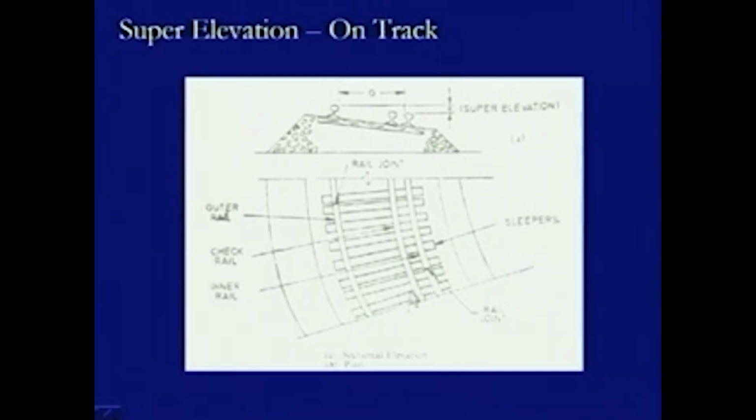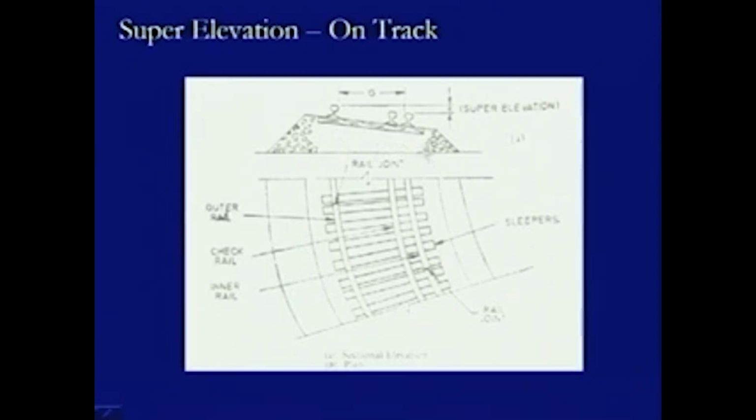And what we see, this is a plan, and in this case this is the elevation, where we can easily see that the inner rail has been provided at the same elevation as on the straight section, whereas the outer rail has been raised. For raising this outer rail, we are using additional thickness of the ballast cushion.